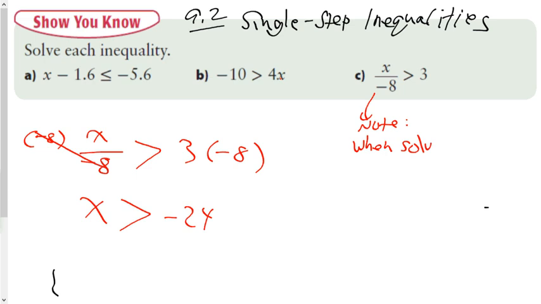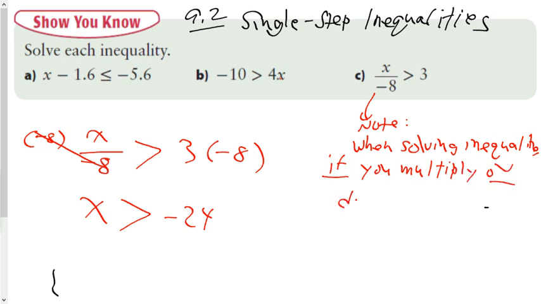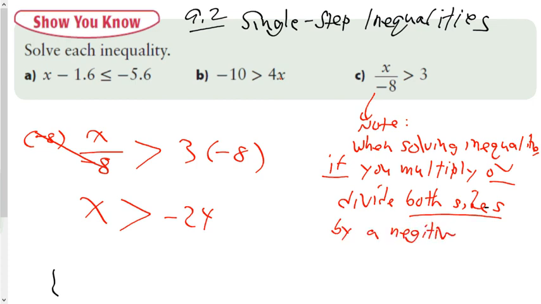When solving inequalities, if you multiply or divide both sides by a negative value, you must, triple underline, it's like I'm yelling at you, you must flip the inequality sign.